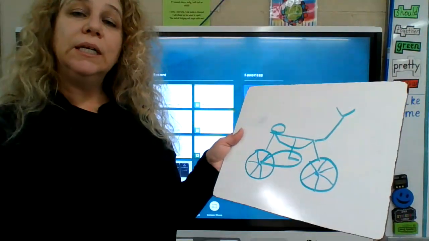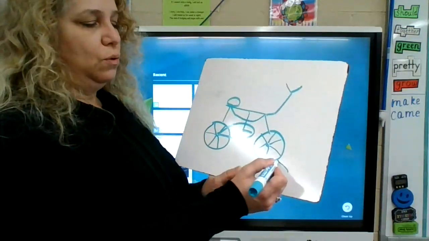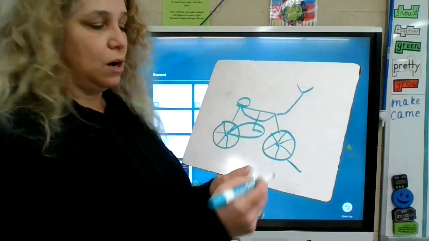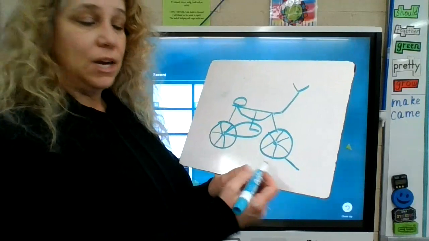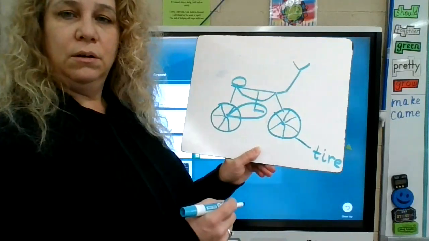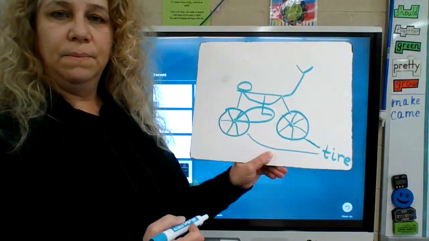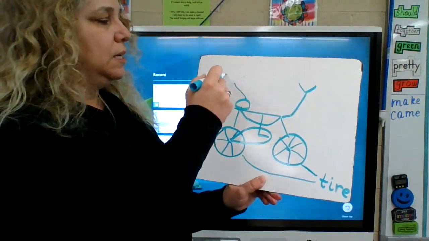But if I wanted to label my bike, a label means you would tell what different parts are. So if these are my tires, I could put tire and point to it. Then I'm going to draw a line over to that tire also. This is my seat.